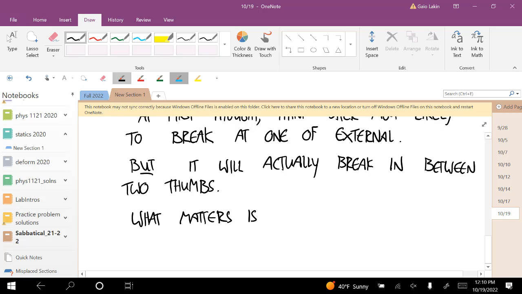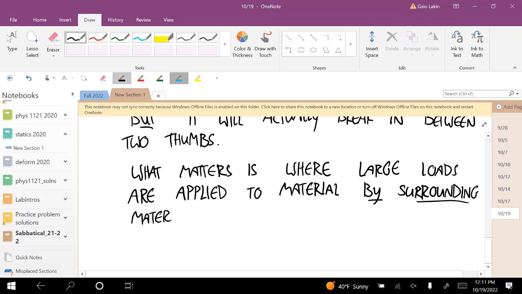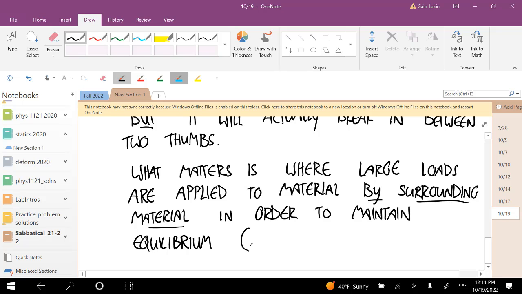So what matters is where large loads are applied to the material by the surrounding material, you know, by the other parts of the stick, in order to maintain equilibrium. And those are internal loads.